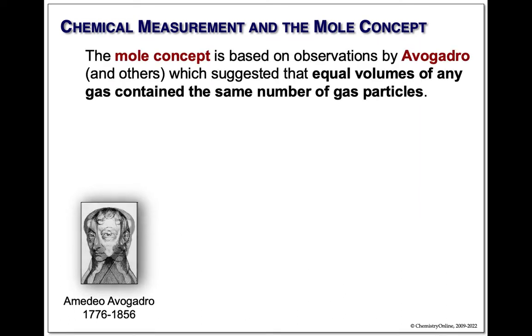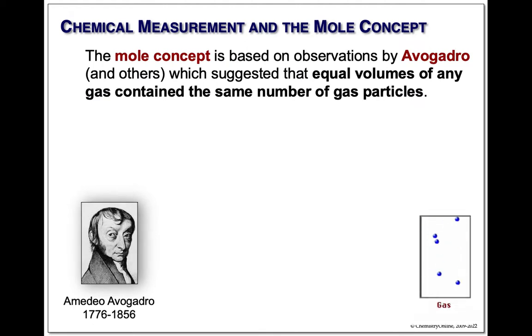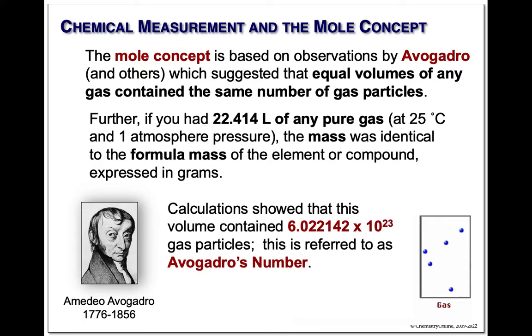Now, it's based on his observations, kind of a surprising observation for the time, that equal volumes of any gas whatsoever had the same number of particles. If you think about what a gas is, there's so much space in between the particles that that's probably why this whole thing works.